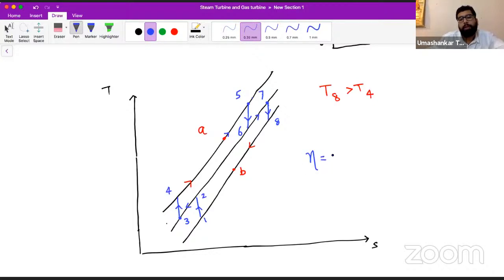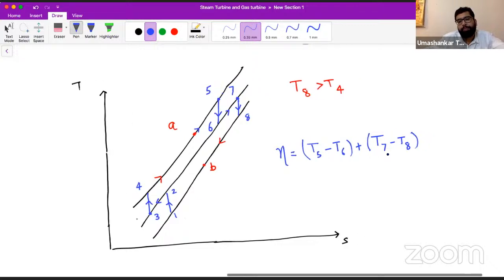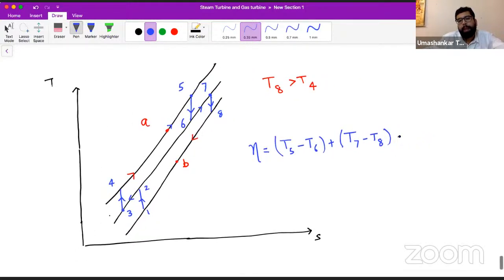So it is going to be the turbine work, which is between T5 to T6. So it will be T5 minus T6 plus T7 minus T8, minus the compressor work.